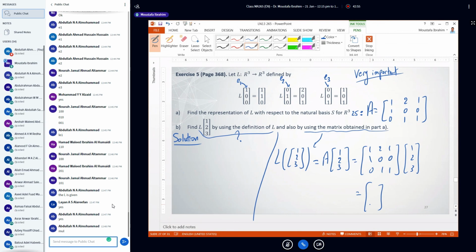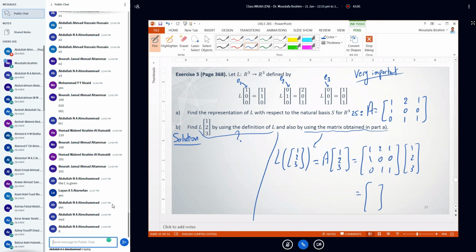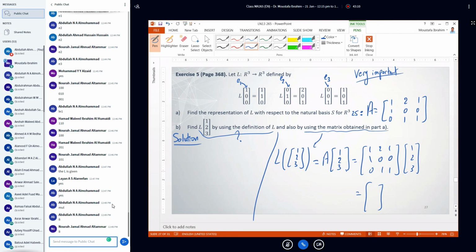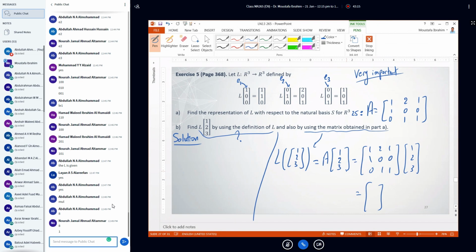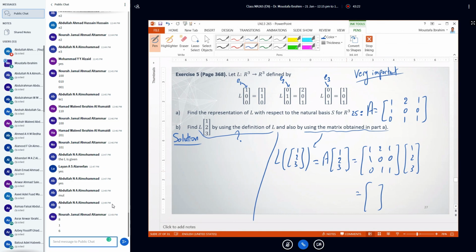Guys, please give me all components. 8, 6, 1. Okay, let's check.